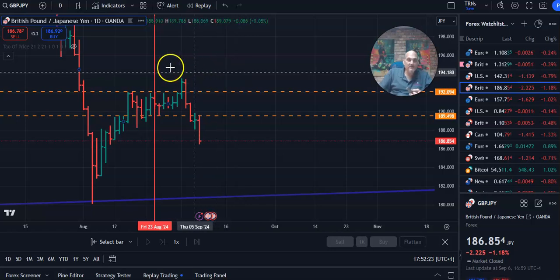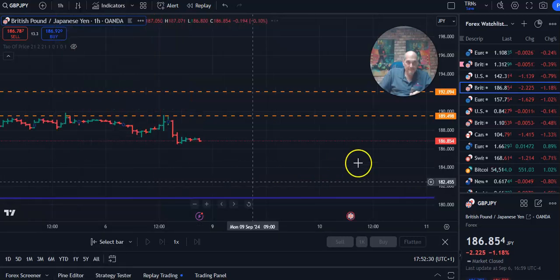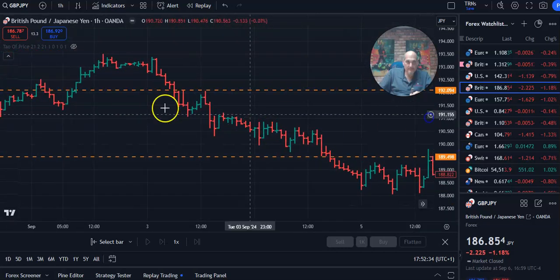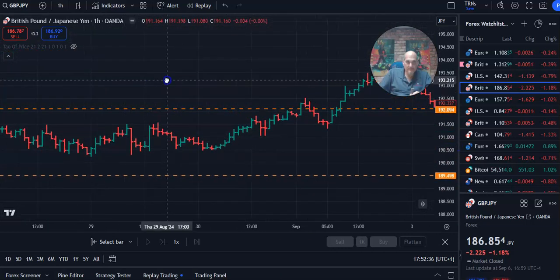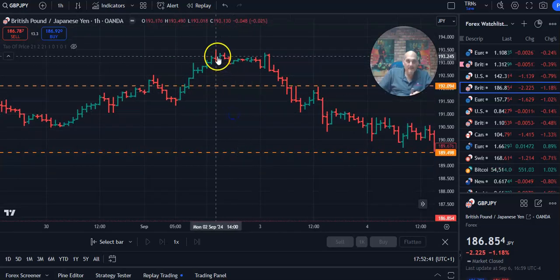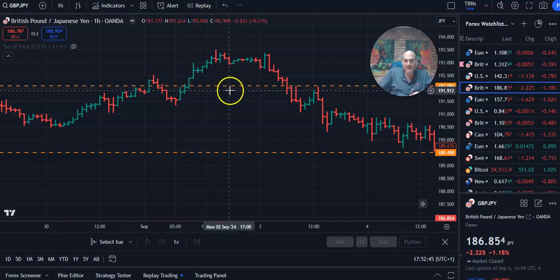So let's go back down to the 1 hour. Okay, so here was that high that was made, the breakout. Here was the breakdown. This was the level that we put up saying, okay, it should be the support level, right?